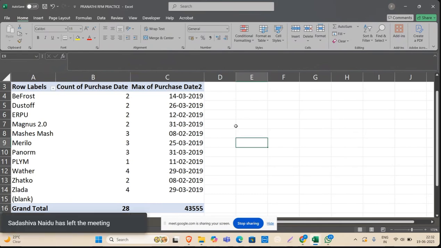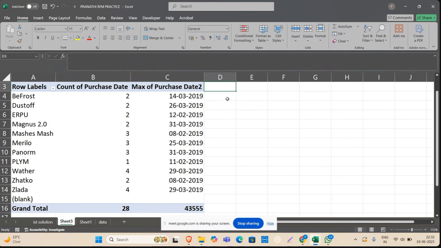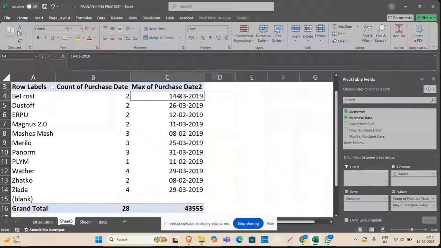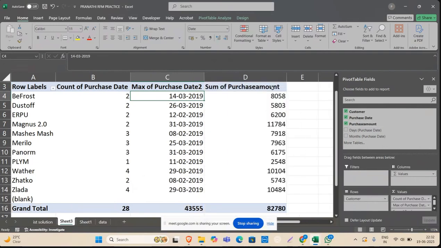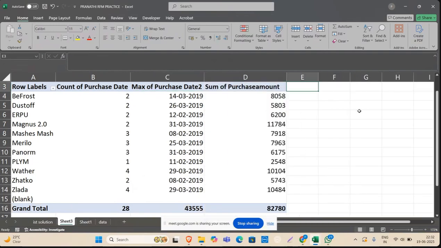The sum of purchase amount is monetary. The maximum purchase date is used to find recency, and the count of purchase data, like 3, 2, is the frequency.